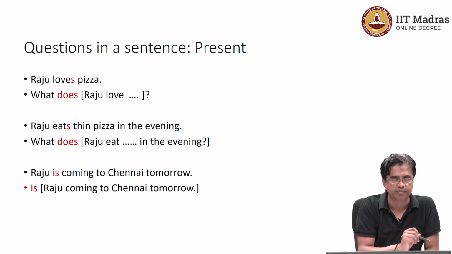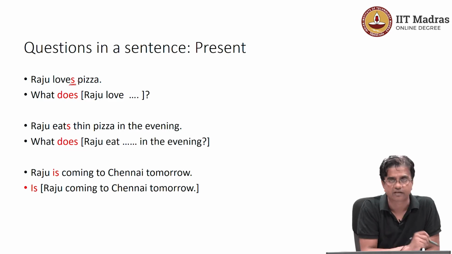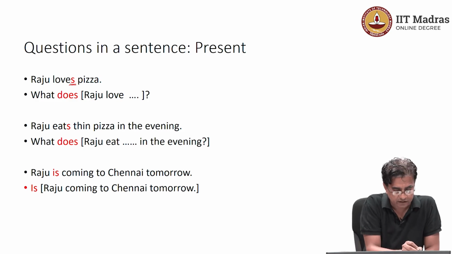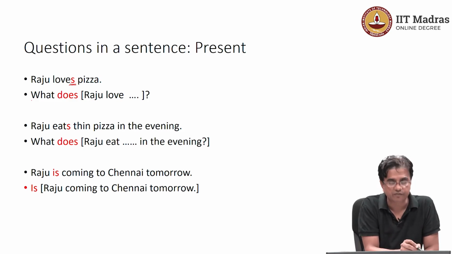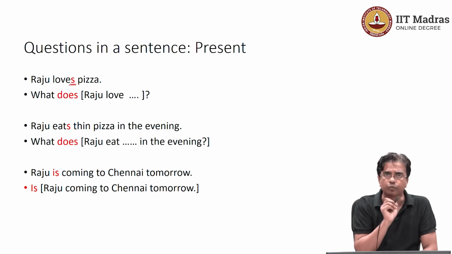So look at this. Raju loves pizza. You have this as tense and agreement marker. Look at this. In English, when we make a question, we have a sentence: What does Raju love? What are the things that we see?